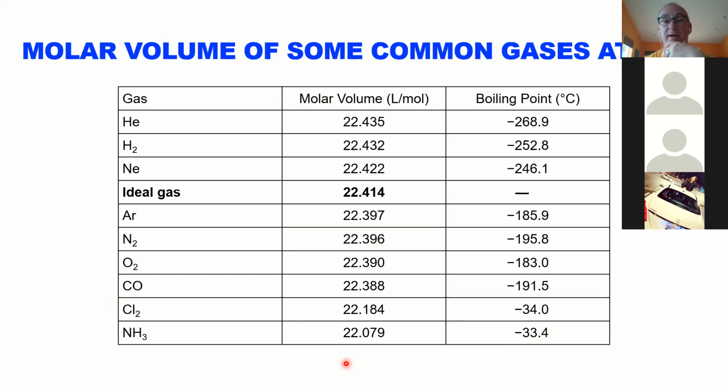And we'll talk about how that affects its interaction with each other. But you see the boiling point is much higher than it is for something like helium. And so it varies from its ideal point quite a lot. Same with chlorine, carbon monoxide. These things have much higher boiling points than helium.